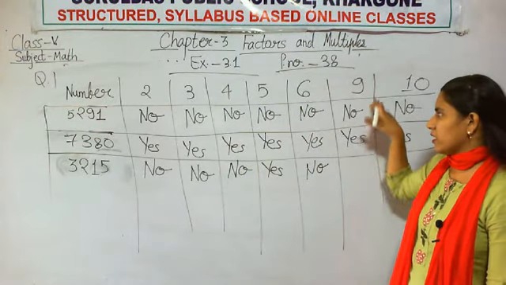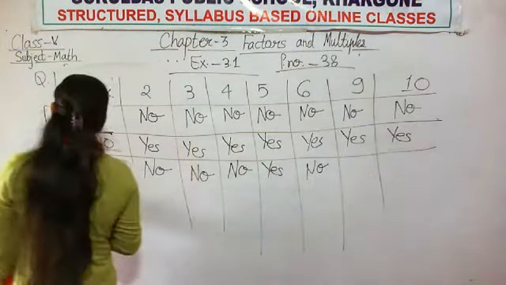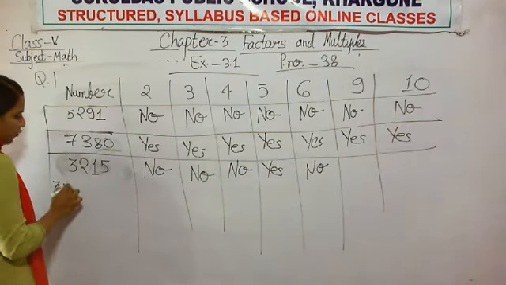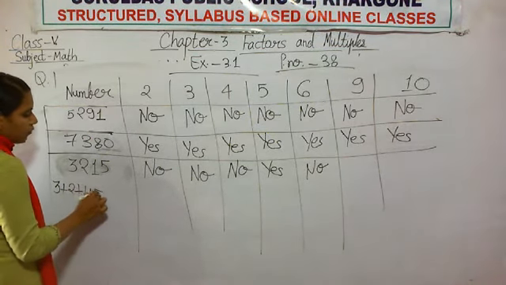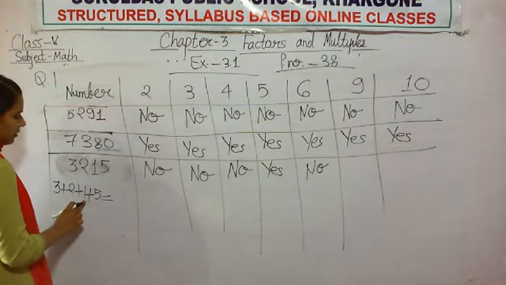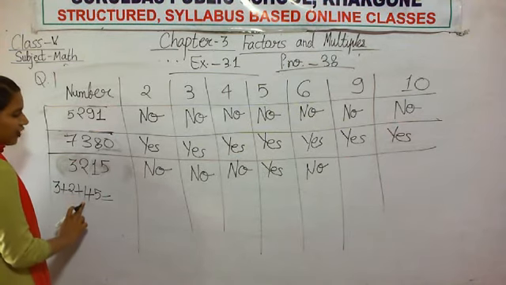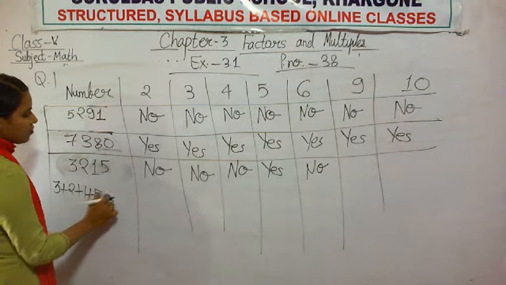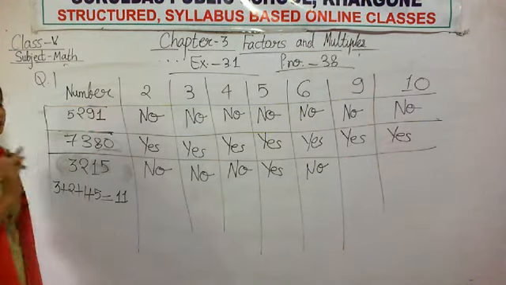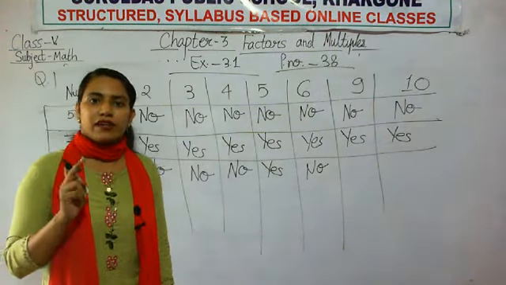Now let us check for 9. We have to find the sum of all the digits. The sum is 3 plus 2 is 5, 5 plus 1 is 6, 6 plus 5 is 11. 11 is not a multiple of 9.